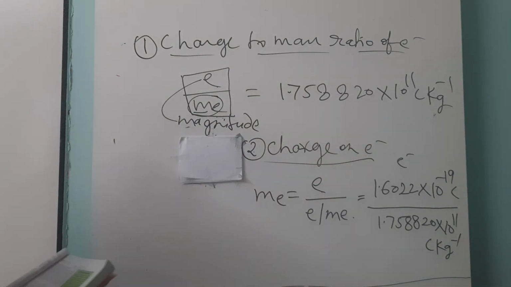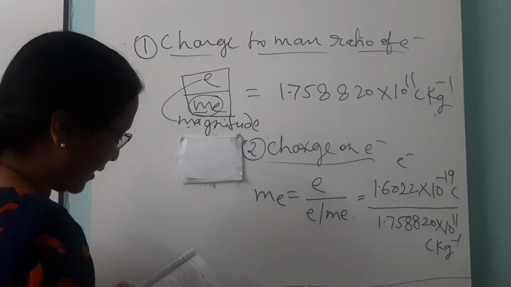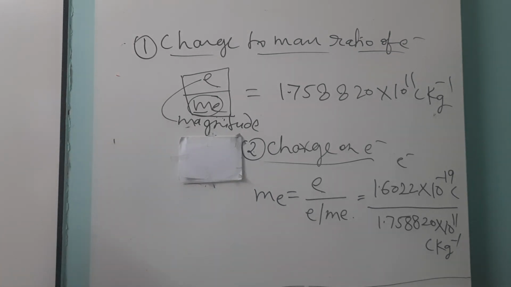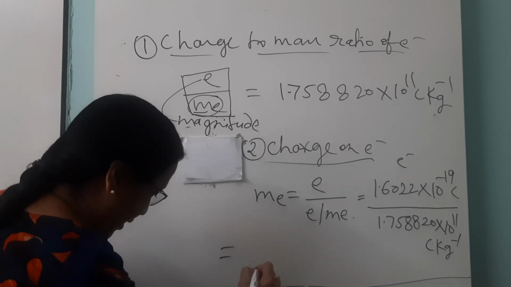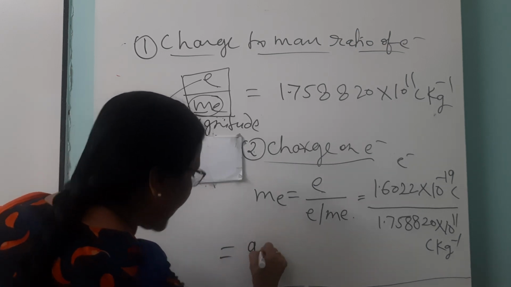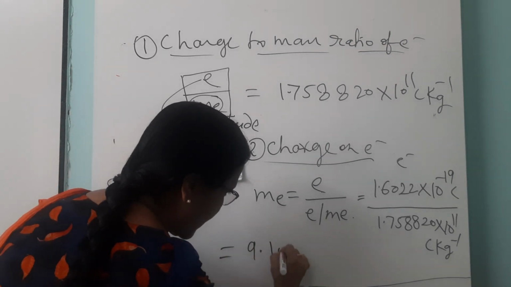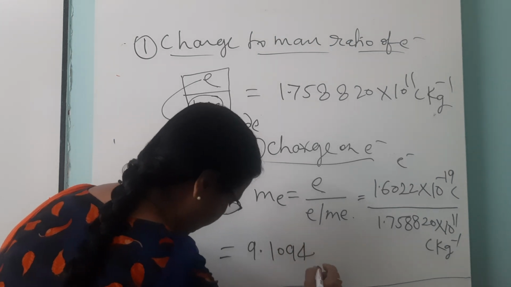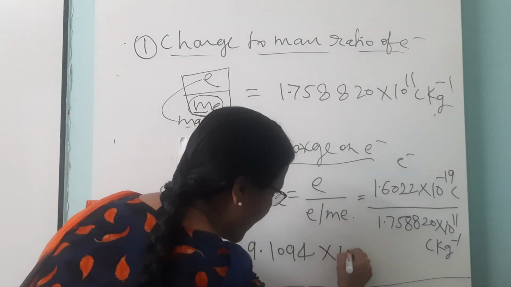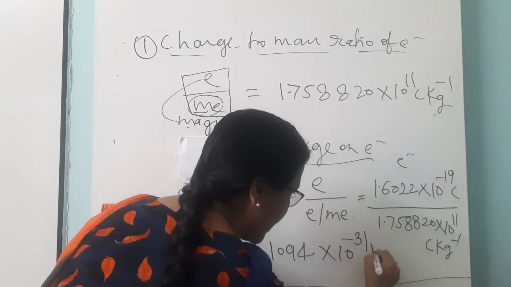After calculating this, the result using Thomson's value for e upon m_e is that the mass comes to 9.1094 into 10 raised power minus 31 kg.